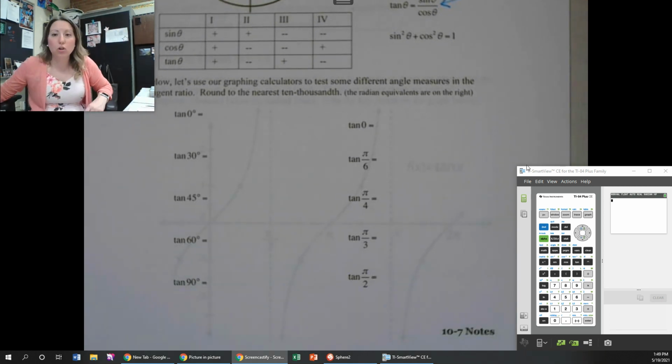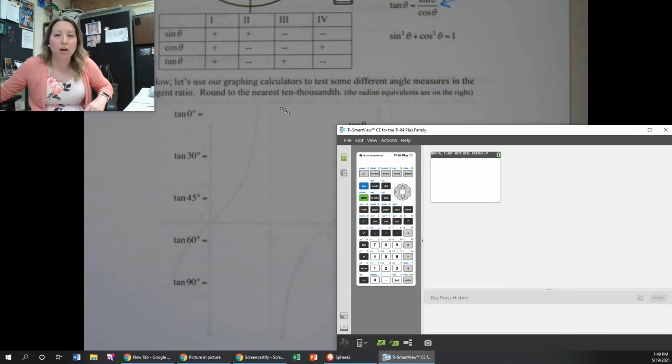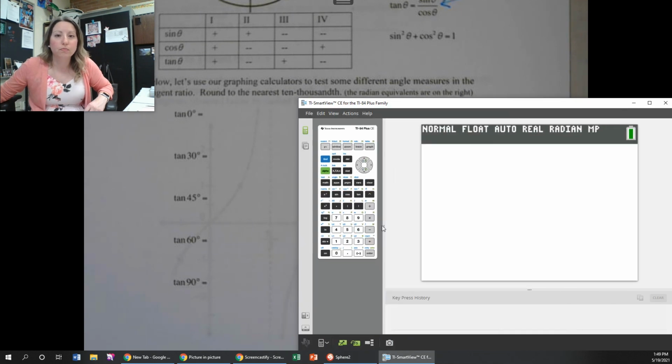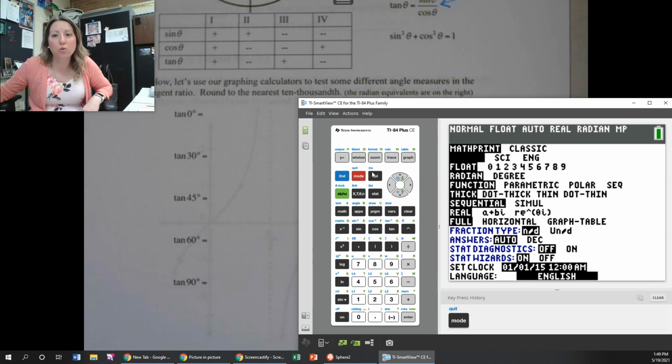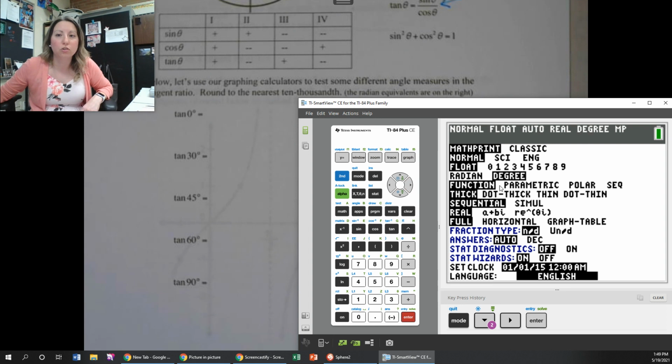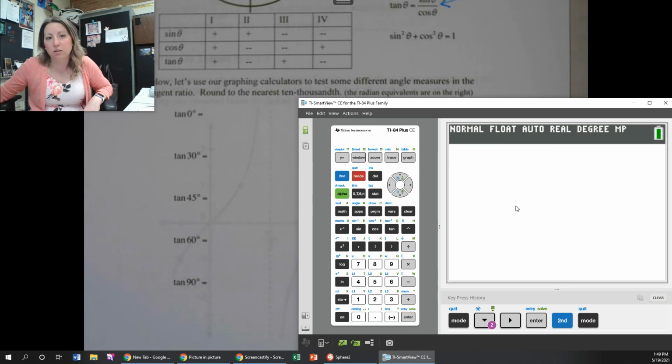So what I'll do real quick is just pull up my graphing calculator, and we'll make sure we're in degree mode. So my mode needs to be on degrees, and I arrow down to where radians is, and then arrow right to degrees and press enter. So now it's highlighted, and then I press second, mode to go back to my home screen.